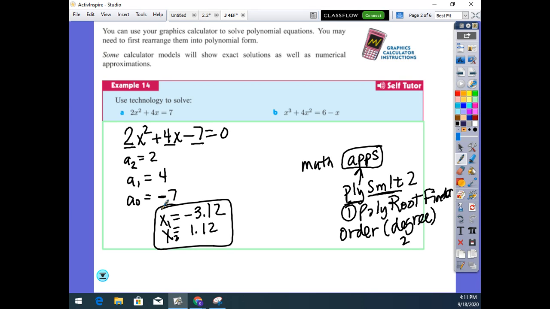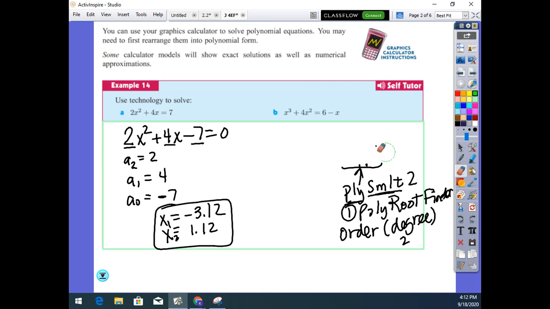The other thing is you can use this to check your work, but keep in mind there will be quite a few non-calculator questions where you're going to be expected to solve this. So know how to do it by hand, but use your calculator when you can.